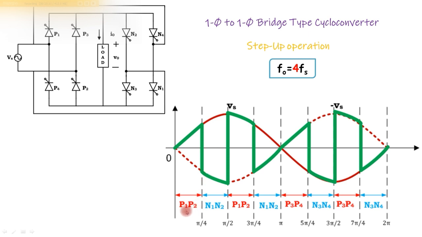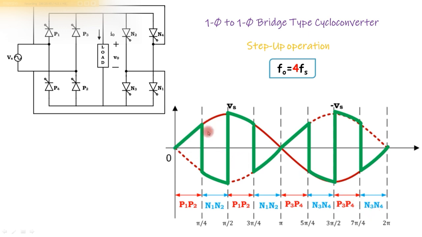So the firing sequence is like this. There will be 2 cycles in each half cycle. Therefore P1 P2 N1 N2 P1 P2 and N1 N2. In the negative half cycle, P3 P4 N3 N4 P3 P4 N3 N4.